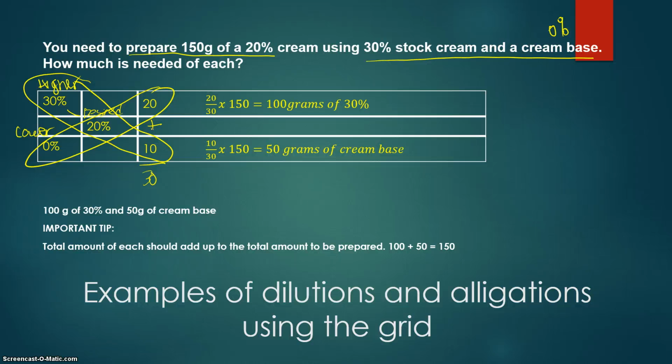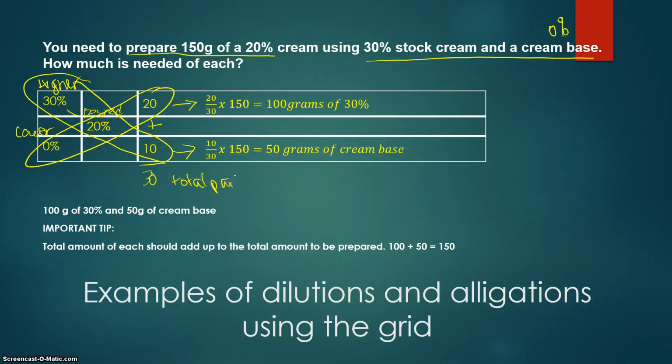So this means that there should be 20 parts of the 30%, and at the bottom, 10 parts of the 0%, of the cream base. So now we have added the numbers in the right hand column, and that's the number of total parts.